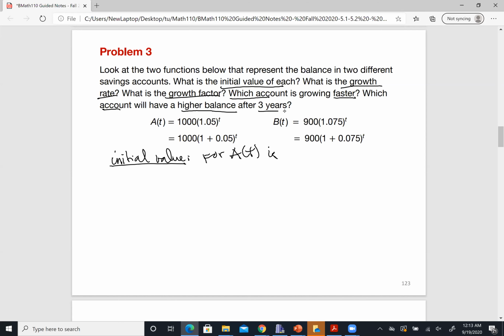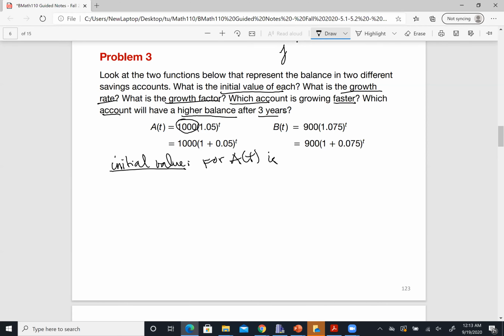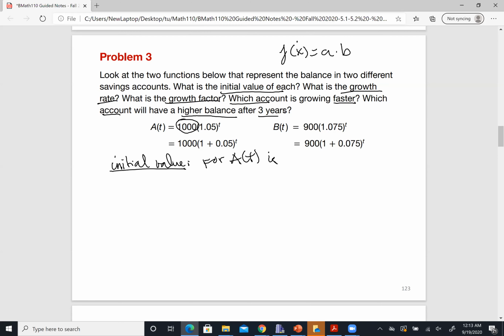It's going to be the 1000 over here. As a formula, f of x equals a times b to the power x.